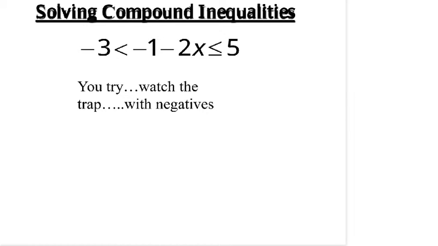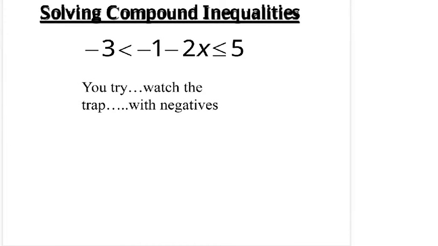But in any case, we could separate this as negative 1 minus 2x is greater than negative 3, and negative 1 minus 2x is less than or equal to 5. We would have to add 1 to both sides of our inequality in either case to eliminate the constant.